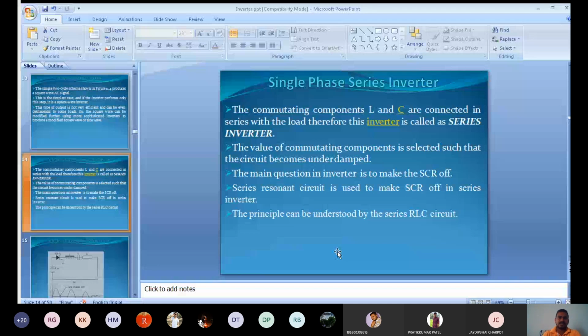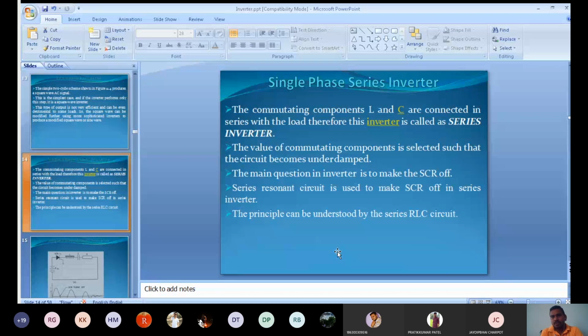In a series inverter we have commutating components L and C, and they are connected in series with the load. That's why this inverter is known as the series inverter.